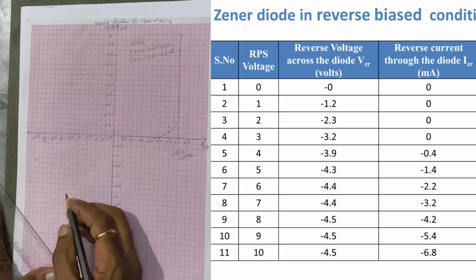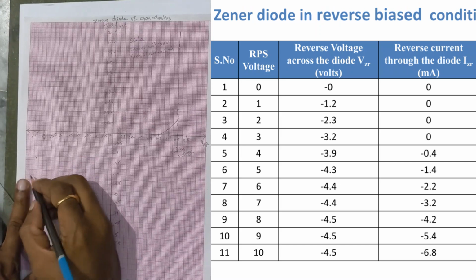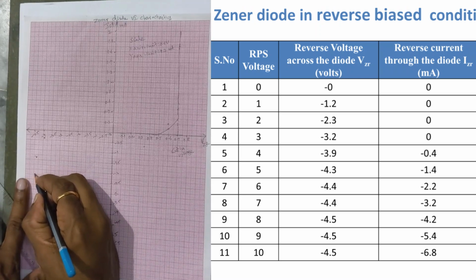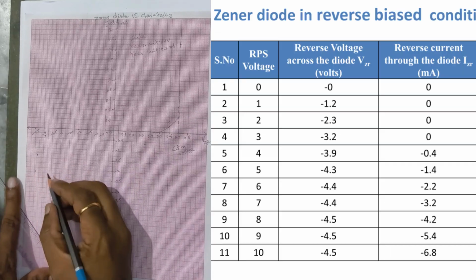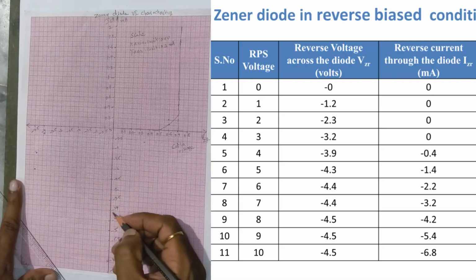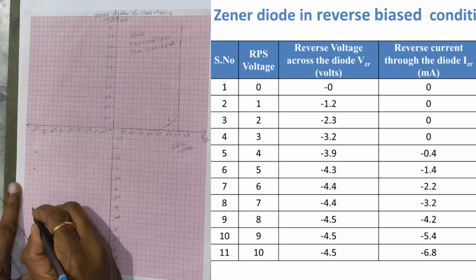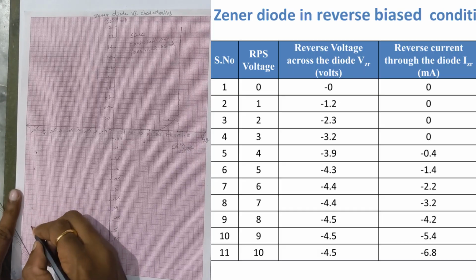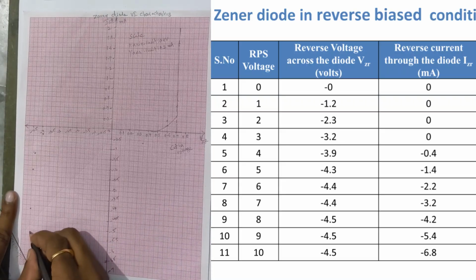At minus 4.4, it is 2.2, this is a point. At minus 4.5, 4.2 is the value, this is a point.